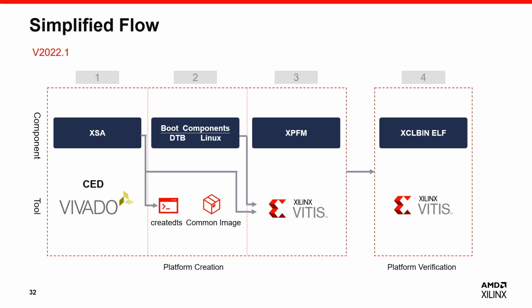Utilize the CED design and export the XSA file directly. Navigate the common image and use createdts to generate the DTB file. Then generate XPFM with the software and hardware components. From 2022.1, we suggest users use the common image and the createdts command to generate the software components. However, if the user needs to customize the Linux image, PetaLinux would be the best choice.